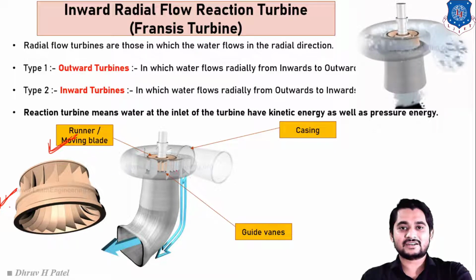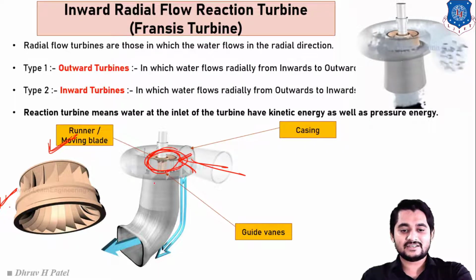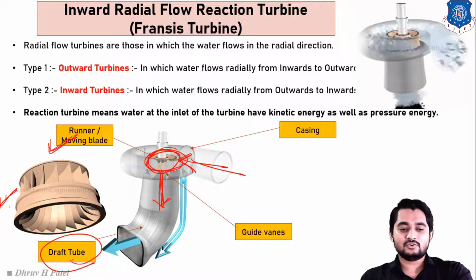So it will guide the water to the axial direction, right? Water will enter from this direction, rotate like this and leave in the axial direction. At the exit, one draft tube is attached at the end of the turbine because the draft tube is used for the removal of vapor pressure and cavitation. Clear students, right? So this is the schematic diagram of the Francis turbine.